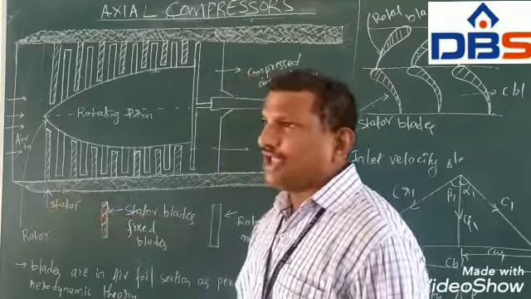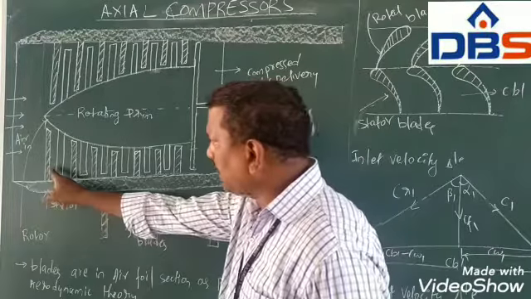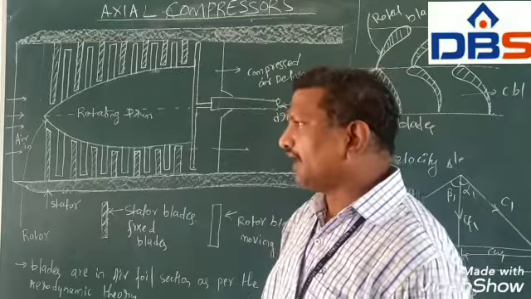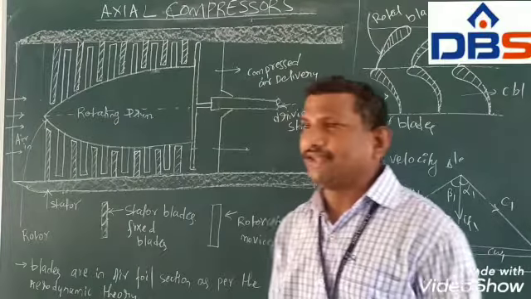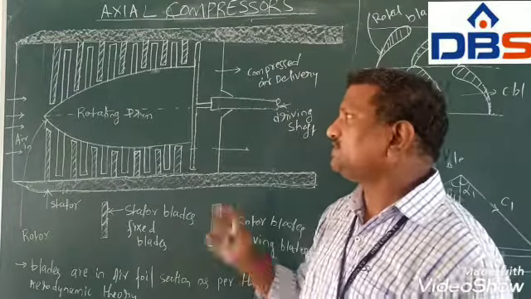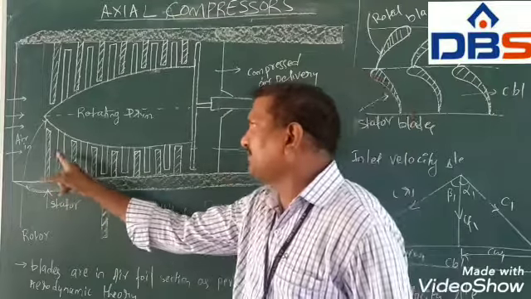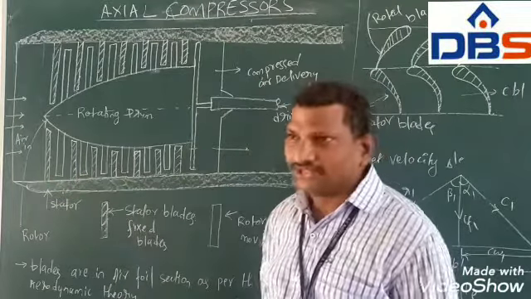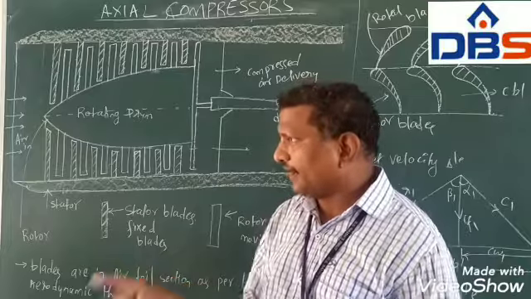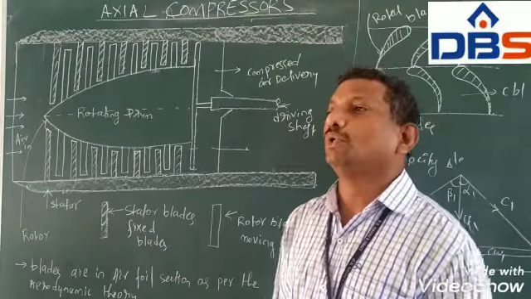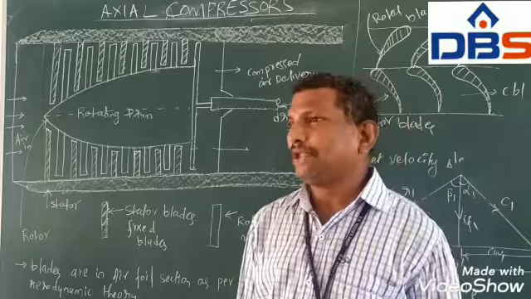One of the things we have to know is that all these moving blades and fixed blades are of aerofoil section, which is governed by aerodynamic structure. As the air flows over the various metallic surfaces, it will experience friction, so this friction must be minimized.